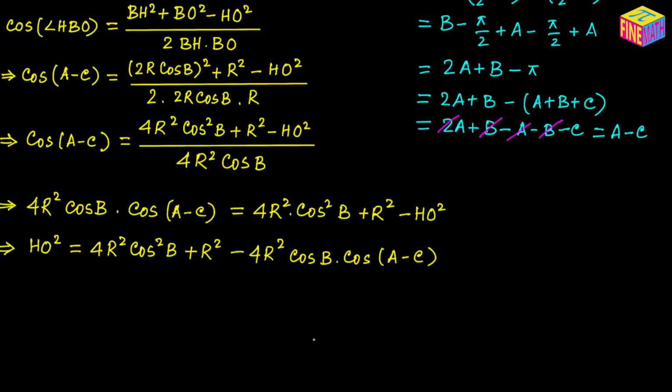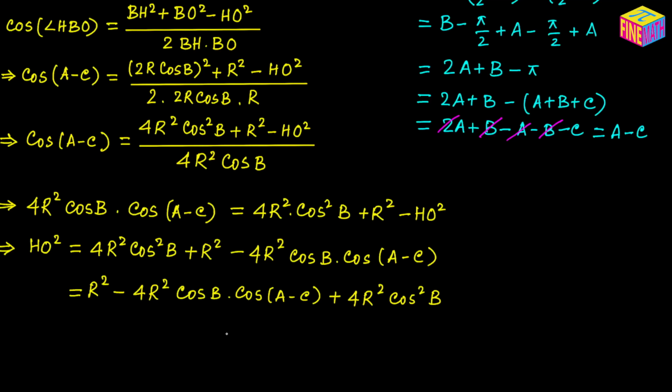Now if we simplify this, we can write it as R squared and then minus 4 times R squared times cosine of B times cosine of A minus C, and then plus 4 times R squared times cosine squared of B. Now if you look at the second and the third terms here on the right hand side, we have a nice common factor there. The factor would be 4 times R squared times cosine of B. So let's take that out as a common factor.